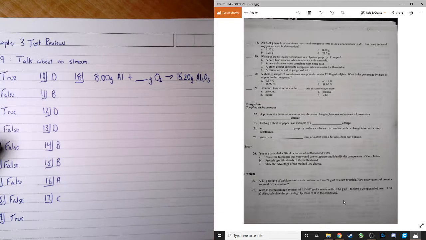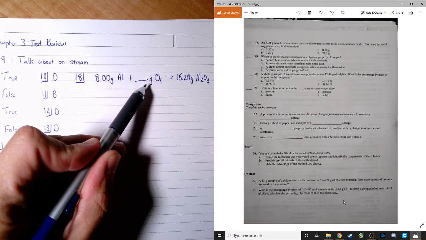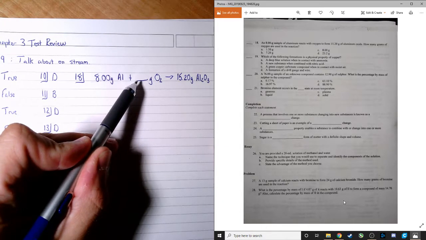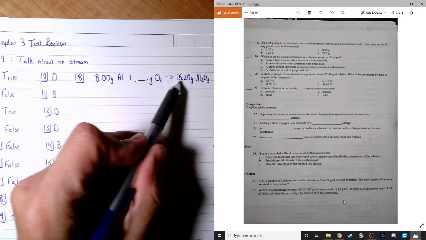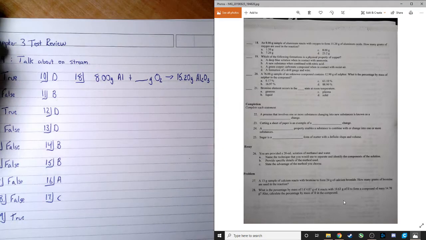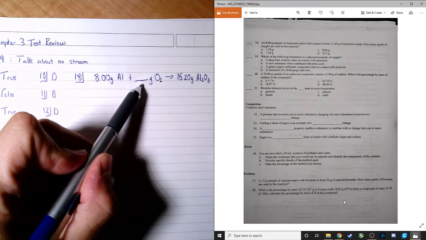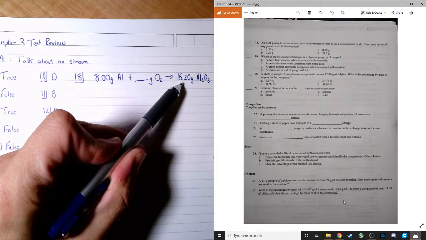Let's talk about this. It wants to know how many grams of oxygen are used in the reaction. This should be pretty simple. We have this many grams of aluminum plus how many grams of oxygen got us this many grams of aluminum oxide. The law of conservation of mass says that this plus this has to equal this.